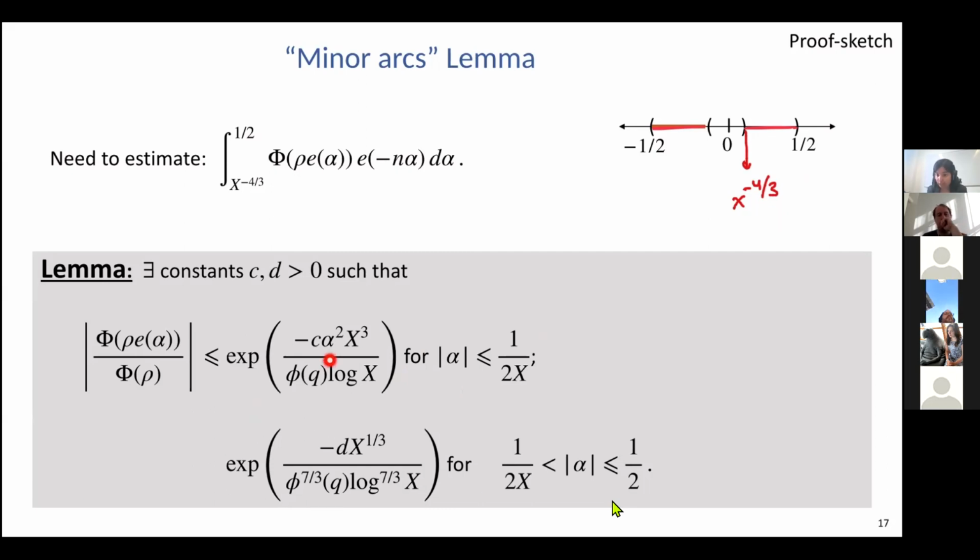It's alpha square, because ultimately we will have to integrate with respect to alpha. So we still have an alpha coming from here. But when alpha is closer to 1/2, but larger than 1 over 2x, so it's much larger than this boundary here, then you do not get any alpha here. So then you don't really need to worry too much about the integration, because then it's just along this small interval and you are done. So this part is good. So this is not creating an issue.